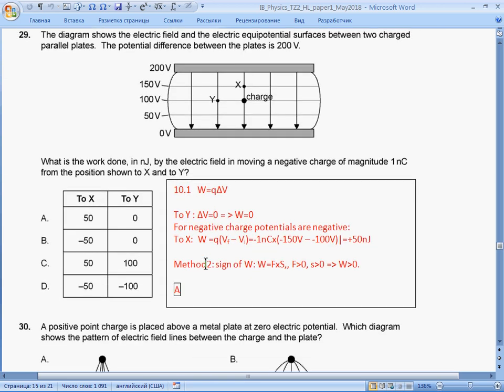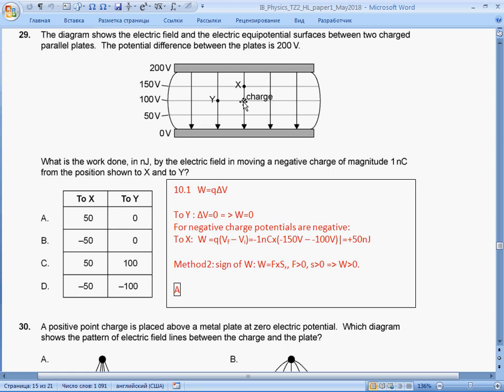Question 29. What is the work in joules done by the electric field in moving a negative charge of 9 coulomb from the position shown at x to y? Here everything is shown for a positive charge, and work done equals charge times potential difference.